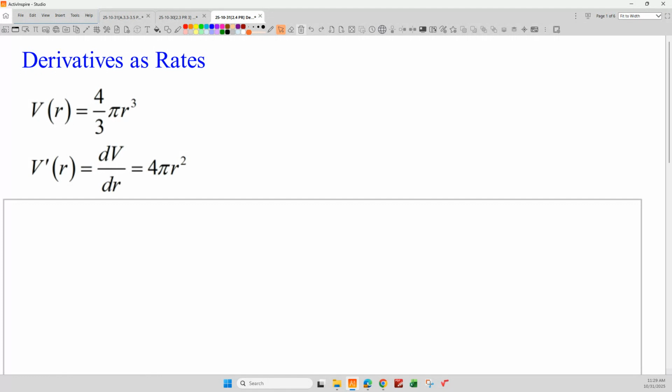And so as the sphere grows from one radius to a slightly bigger radius, where is that extra volume being added? To the outside, to the surface, right? Oh, interesting. So the rate of change of the volume is equal to the surface area, because that's where the extra volume is being placed.